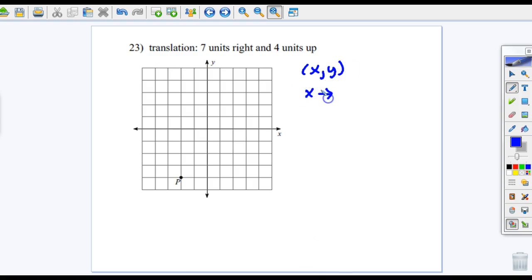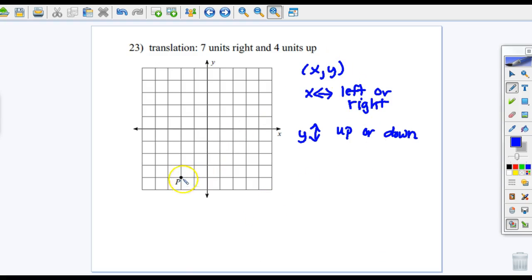X is going to tell us to move left or right. Y is going to tell us to move up or down. Okay?